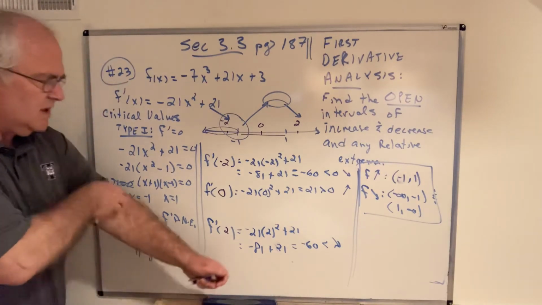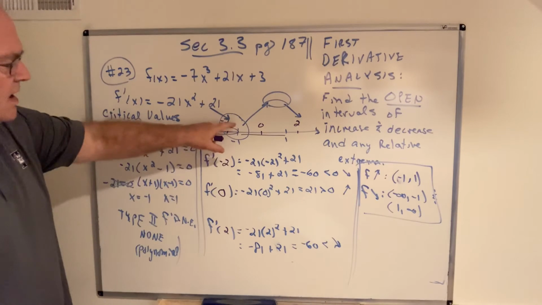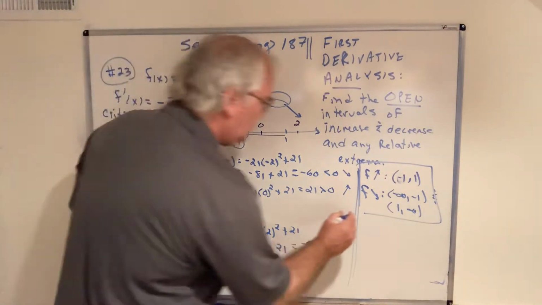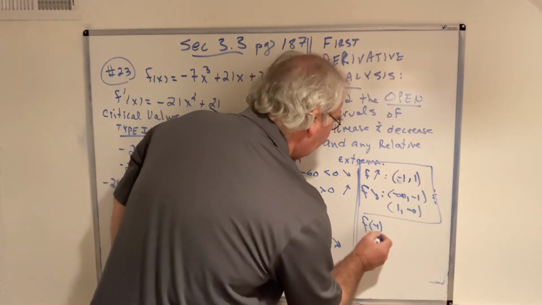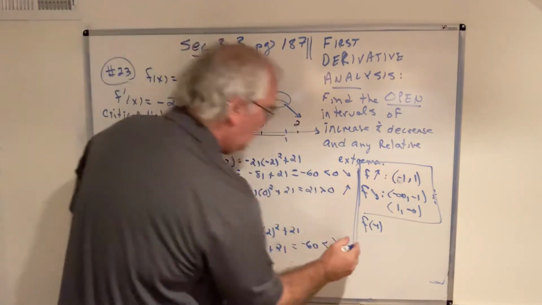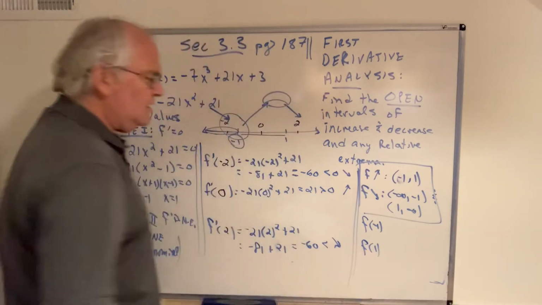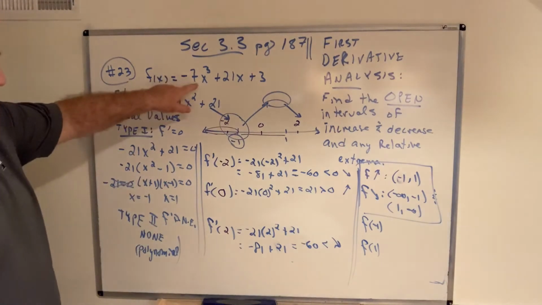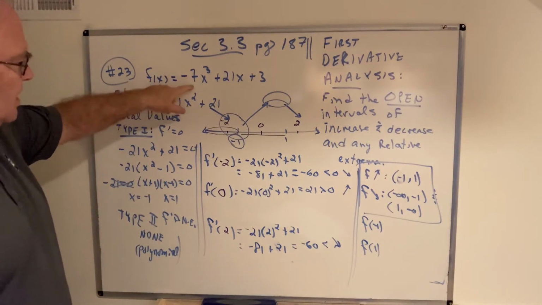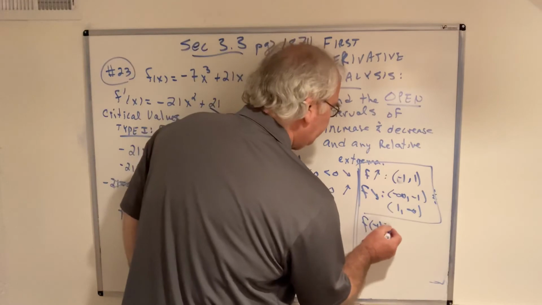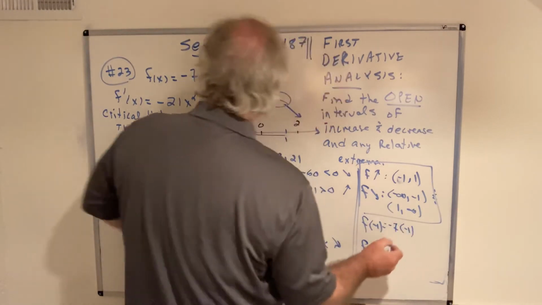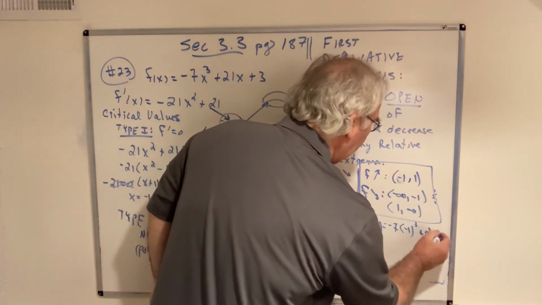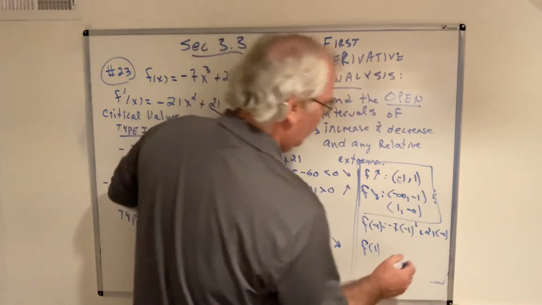Okay, so the last piece is we need to actually check to see if the function actually is defined at -1. So we need to compute f of -1, and we need to compute f of +1, and determine if the function actually is defined there. And so we need to use the original function here. So what we have here is -7 times -1 to the third, plus 21 times -1, and then plus 3.